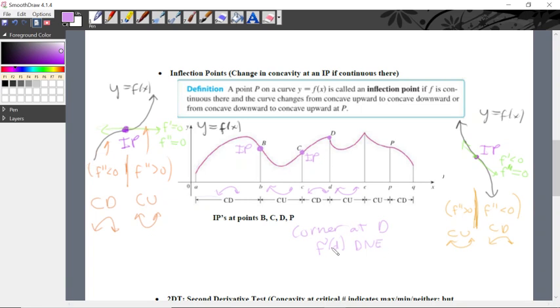If the first derivative doesn't exist at d, then we can't take the second derivative there either. So f double prime of d does not exist. So even though the second derivative does not exist at that point, when we look to the left and the right of it, just like we did with critical numbers, right? Critical numbers are just the name we give to these values in the first derivative.